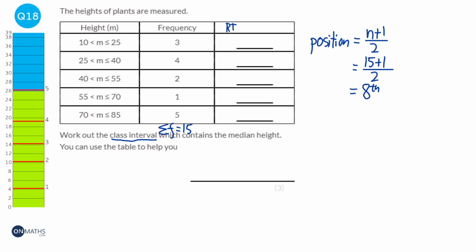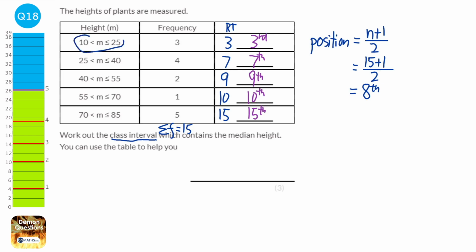So I'm going to add up the frequencies as I go along. We've got 3 there. 3 plus 4 is 7, plus 2 is 9, plus 1 is 10, plus 5 is 15. And then I convert those into 3rd, 7th, 9th, 10th, and 15th. What those numbers are is the last time that a number is in that group.